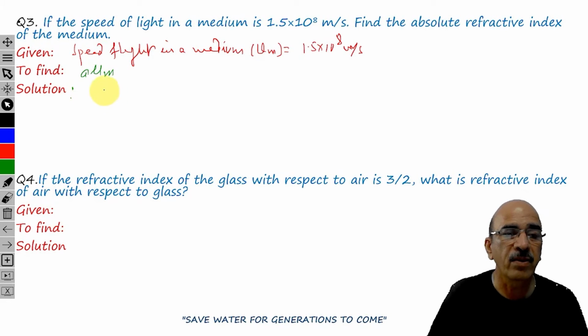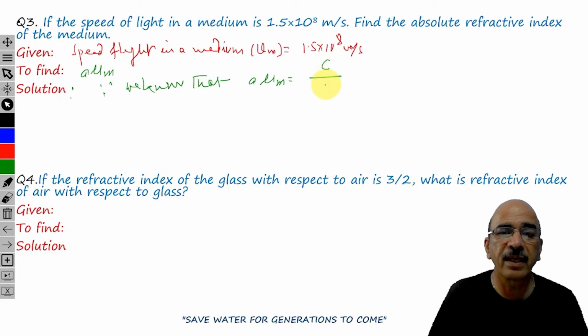Now the solution. Which formula will we write? You write it in your notebook, we are writing here. Since we know that A mu m is the speed of light in air upon the speed of light in that medium. Good.